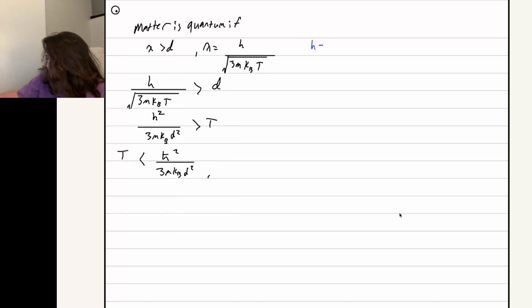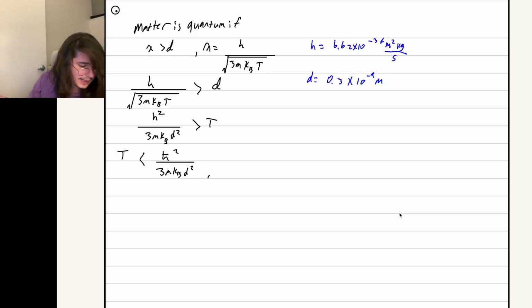Bunch of boring numbers. We have Planck's constant, which is 6.62 times 10 to the minus 34 meters squared kilogram per second. We have the size of the box given to us, which is 0.3 nanometers, which is 0.3 times 10 to the minus 9 meters. We have the fact that it's a system of electrons.